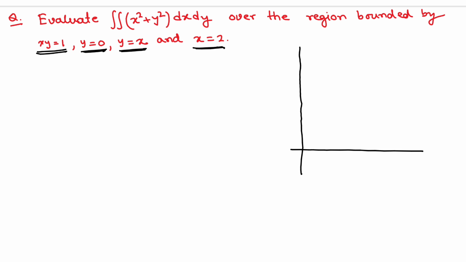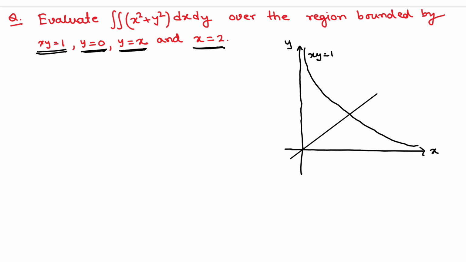Okay, so this is the x-axis, this is the y-axis. First one is xy equals to 1, that means a rectangular hyperbola, so this one. Next, y equals to 0 means the x-axis. Y equals to x means a straight line passing through the origin making an angle 45 degree, this one.